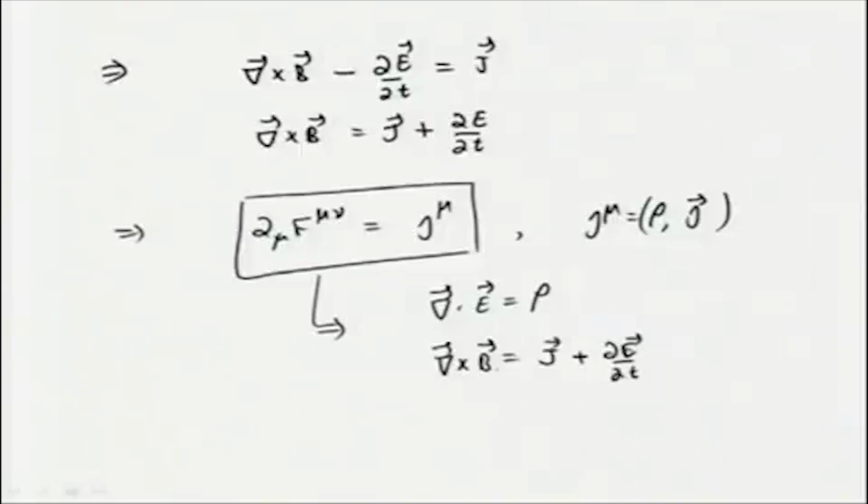So these two Maxwell's equations can be represented in a compact way using F mu nu as dou mu F mu nu equal to j mu. We will see how the other two equations in the set of Maxwell's equations can be represented in a similar fashion. That we will do in the next discussion.